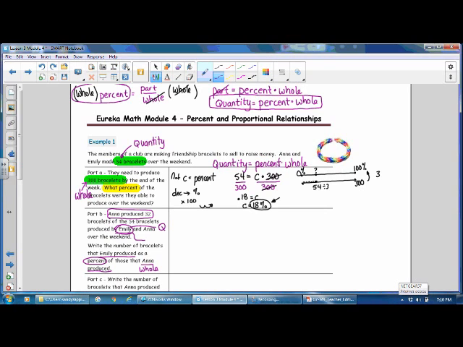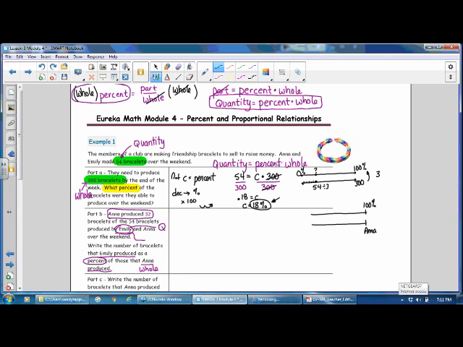So we need to know how many Anna produced and how many Emily produced. So we will make a double bar diagram or a double number line to understand this problem as well. So we know that we're comparing the amount that Emily produced to the whole amount that Anna produced. So Anna is the whole, and the whole is always the 100%.